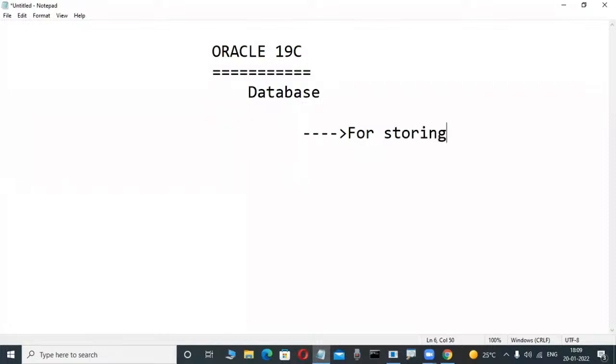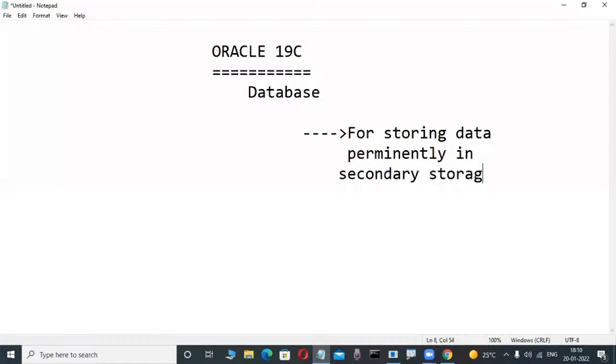For storing data permanently in secondary storage devices. Secondary storage devices means maybe hard disk. Okay, fine.